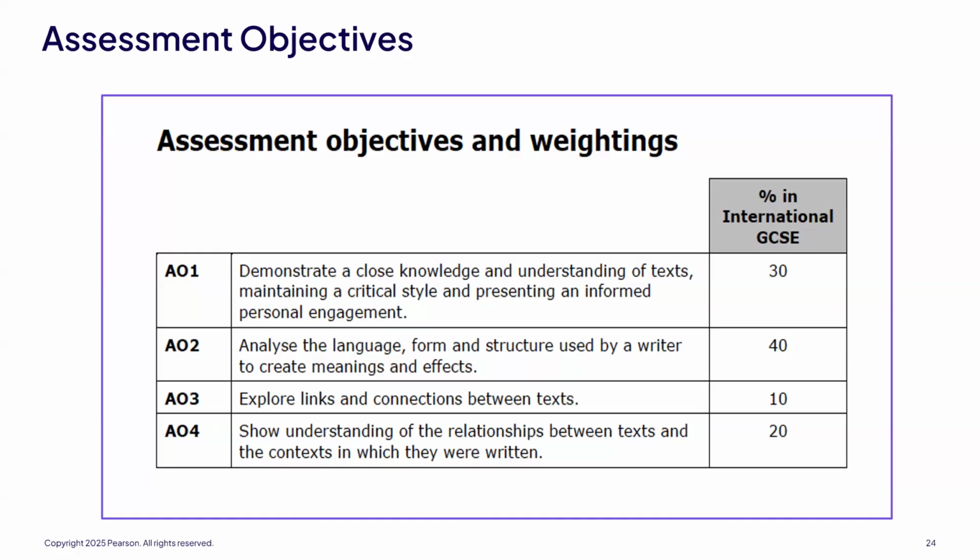And that's 40% of the final grade. Then we've got AO3, which is explore links and connections between texts, and that's 10% of the final grade. And then AO4, which is the relationship between texts and contexts in which they were written. I'm going to talk more about these later, but they underpin your teaching. So thinking about where each of those assessment objectives is assessed.